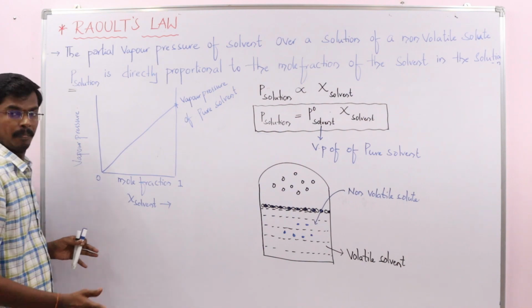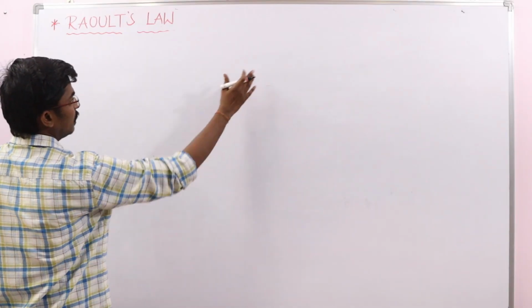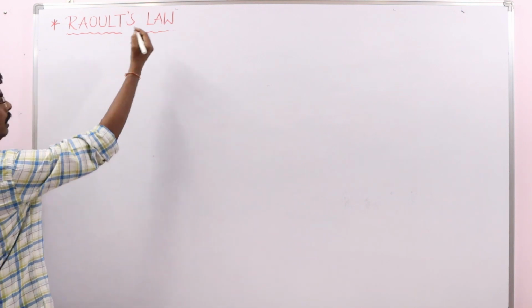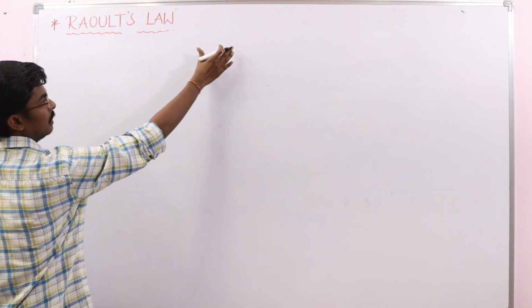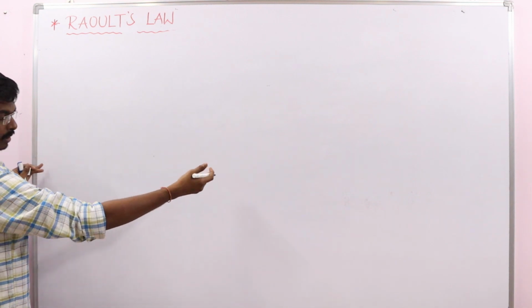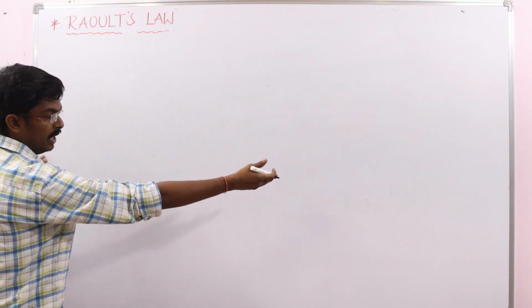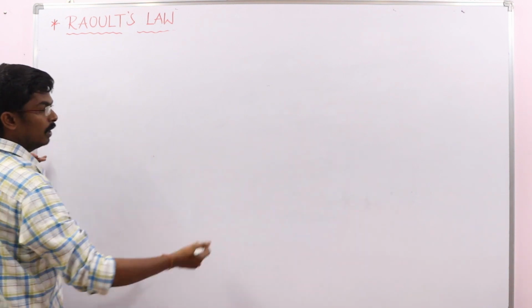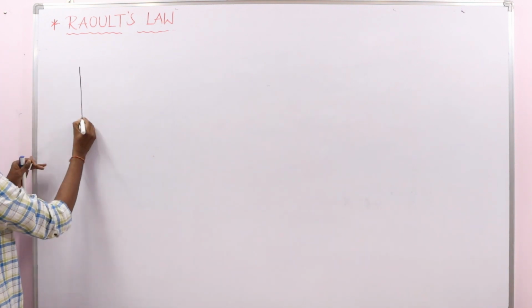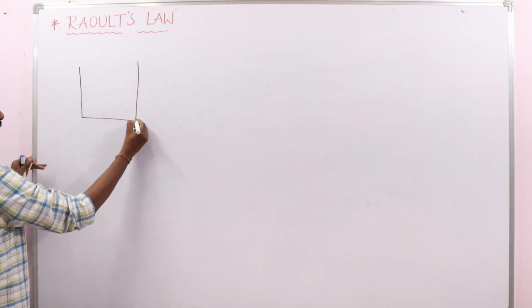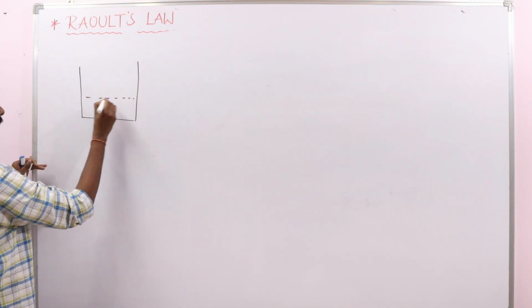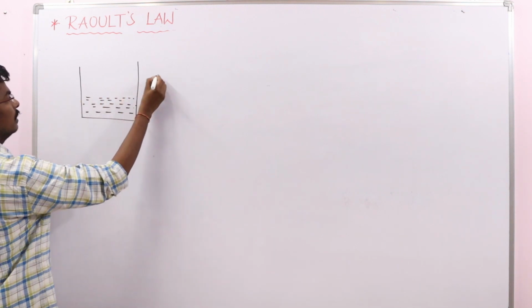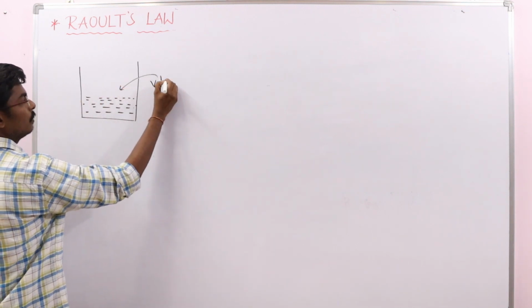Now assume a solution containing two volatile components: a volatile solvent and a volatile solute. What I explained just now was a solution with a volatile solvent and a non-volatile solute. But the solution I am taking now contains a volatile solvent, and to it I am adding a volatile solute.